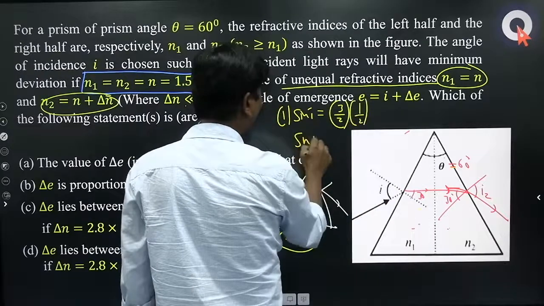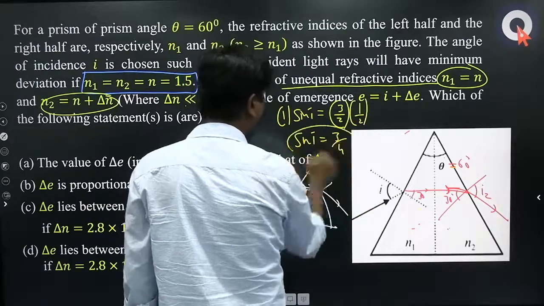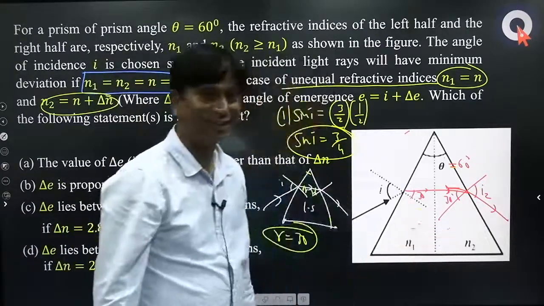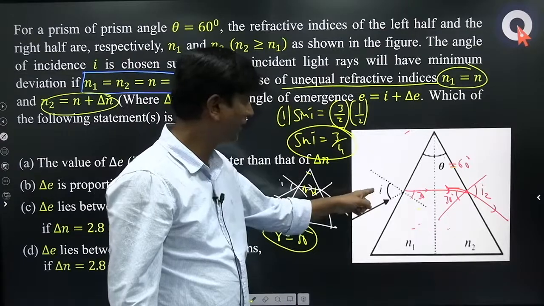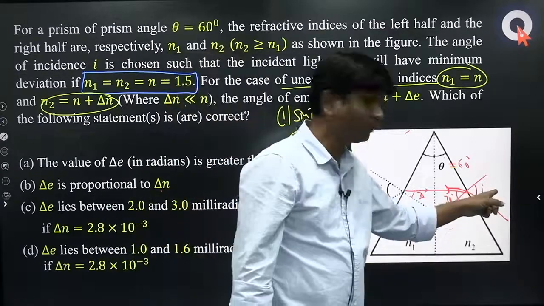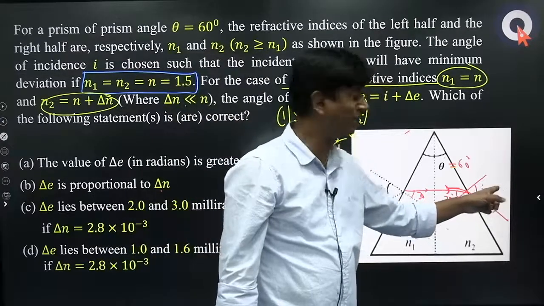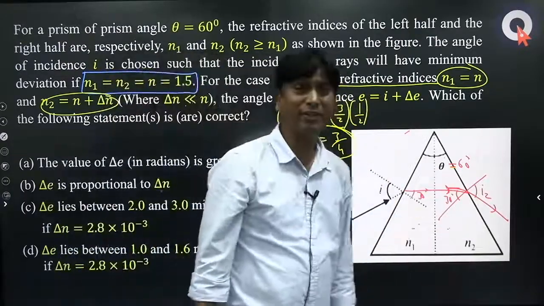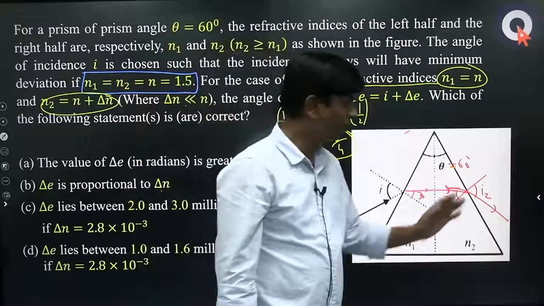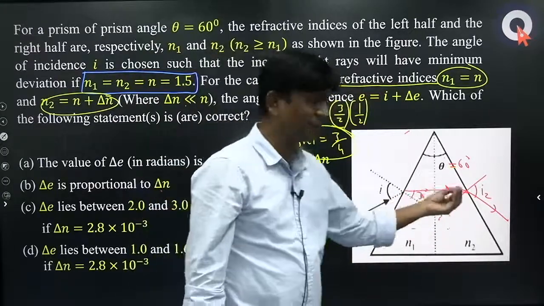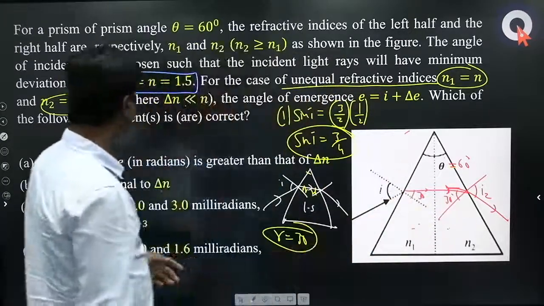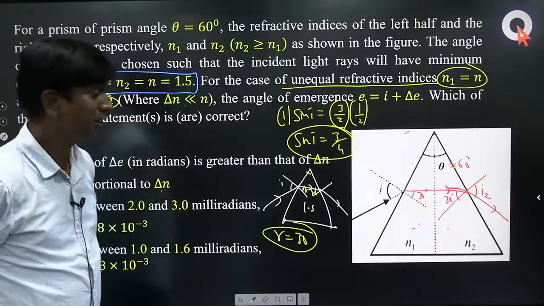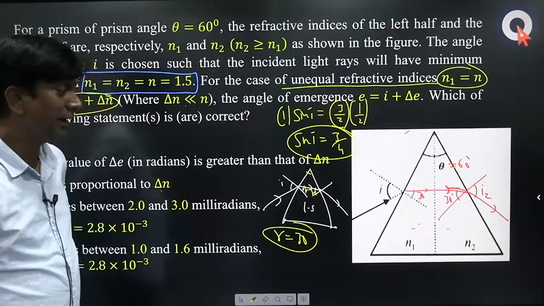So sin I is equal to 3 by 4, right? When N1 and N2 are equal, this angle is such that sin I is 3 by 4. This angle will also be equal to I only, such that sin I is 3 by 4, because N1 and N2 are equal. But now N1 and N2 are not equal. N2 is a little bit greater than N1, right?